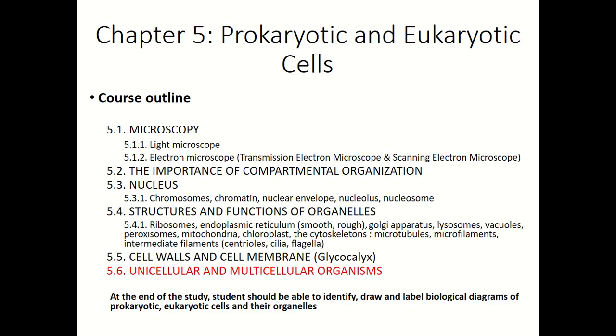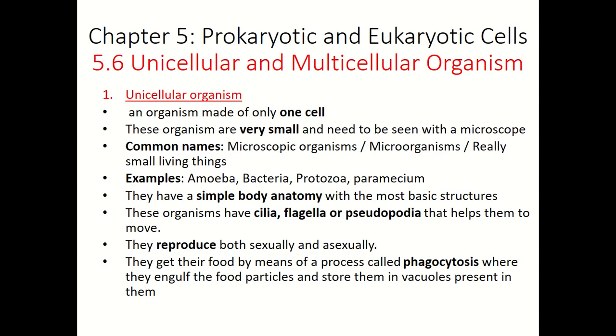So, last subtopic: unicellular and multicellular organisms. Based on its name, we already know that unicellular organisms are organisms made of only one cell. Meaning to say, they are very, very small and need to be seen with a microscope.